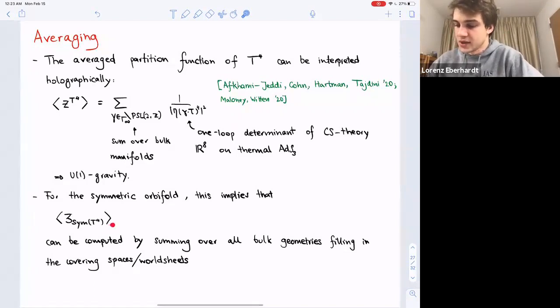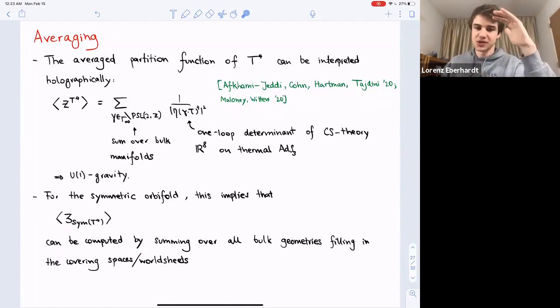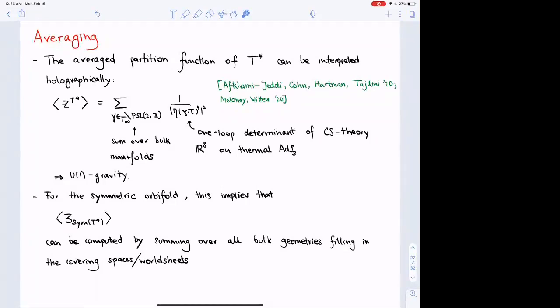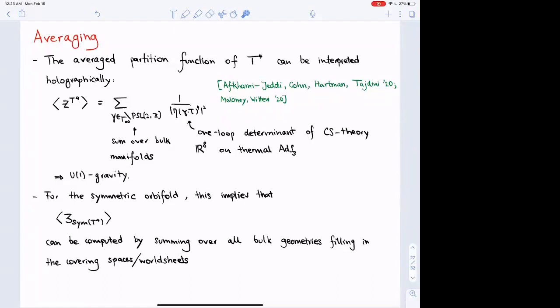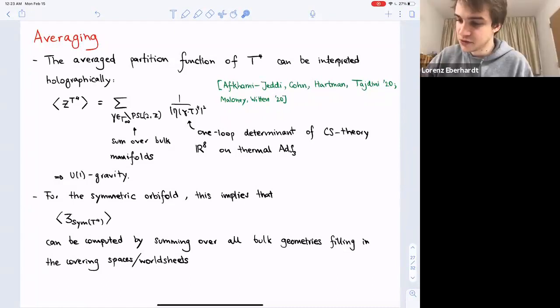Okay, so yeah, this thing you can compute by summing over all bulk geometries, but not bulk geometries that fill in the original boundary, but ones that fill in the covering spaces. Sorry to interrupt, but this is a 16-dimensional moduli space over which you're doing an average. That's right. Yeah. Okay, thank you. So if you know how to compute this, you get for free how to compute that.